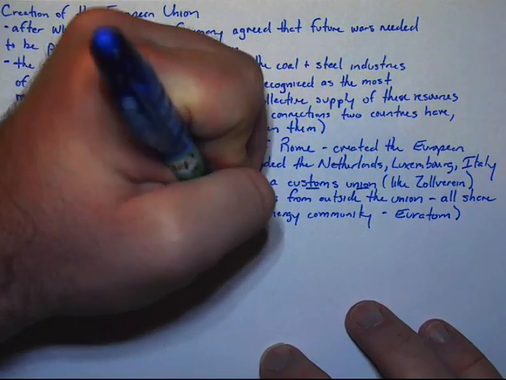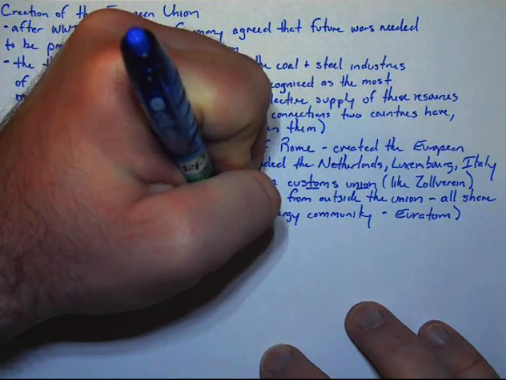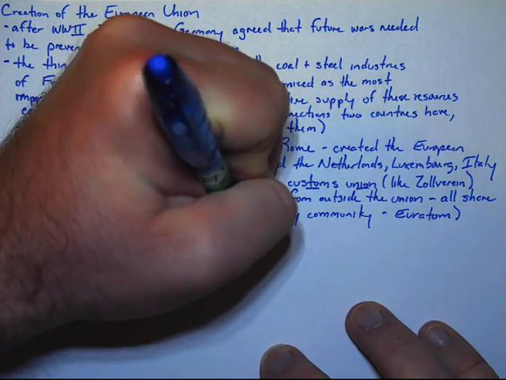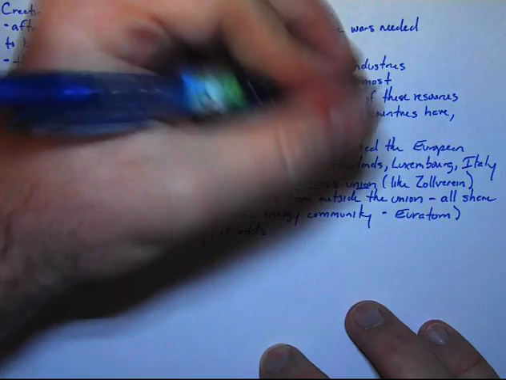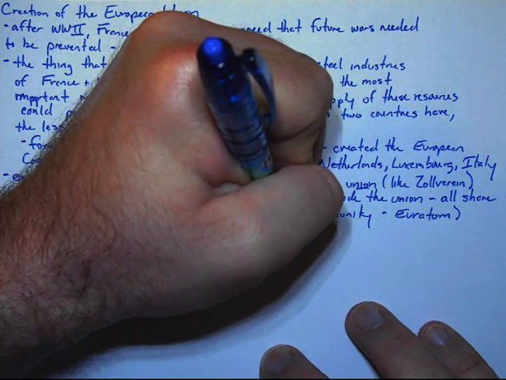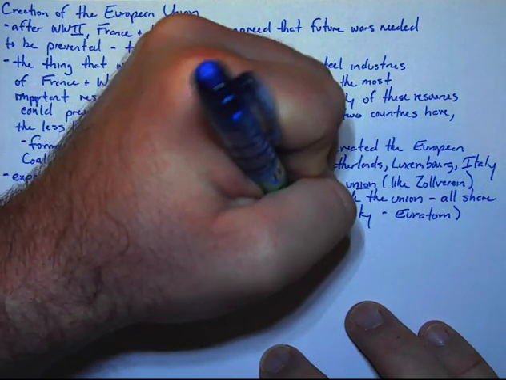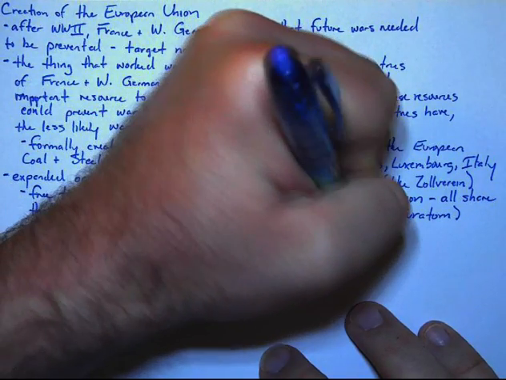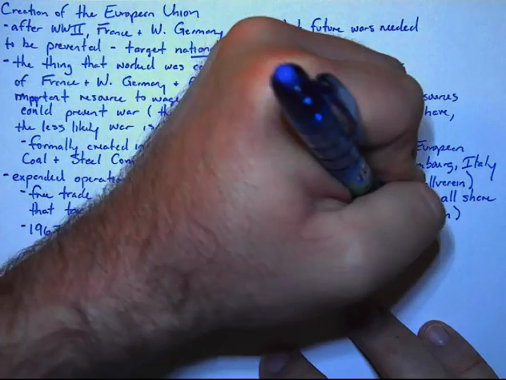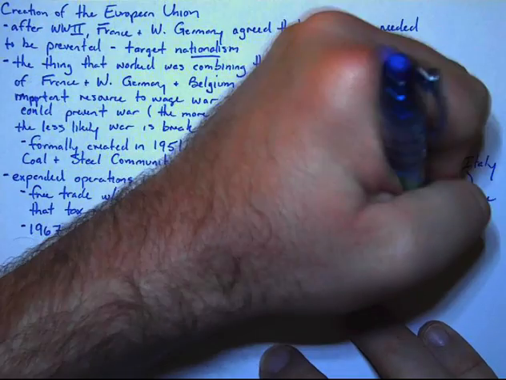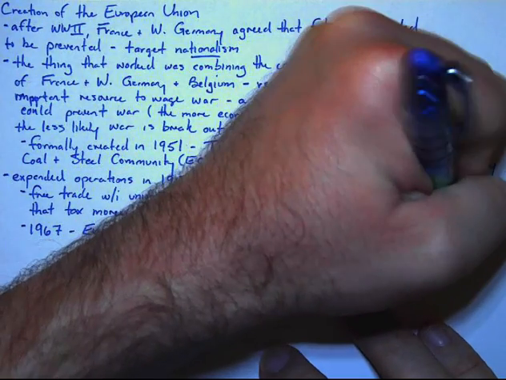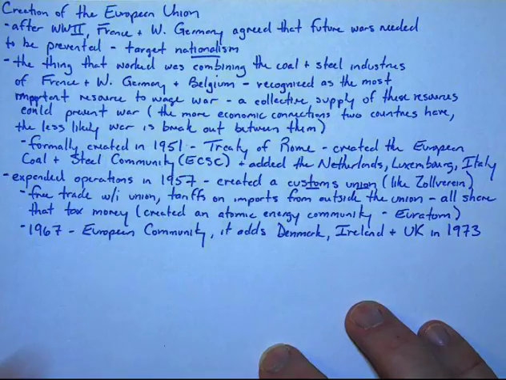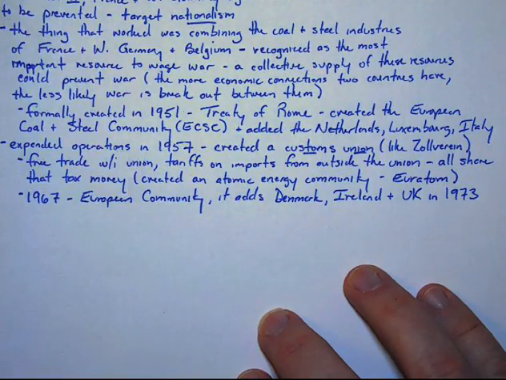And it starts adding new members in 1973. It adds Denmark, Ireland, and the UK in 1973. Now, the UK was an important addition.